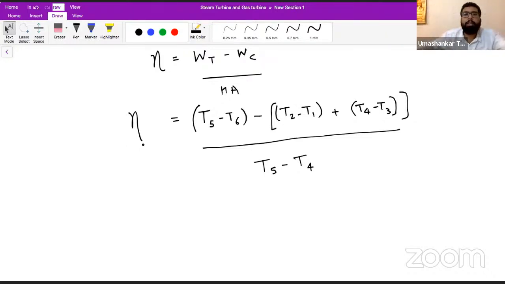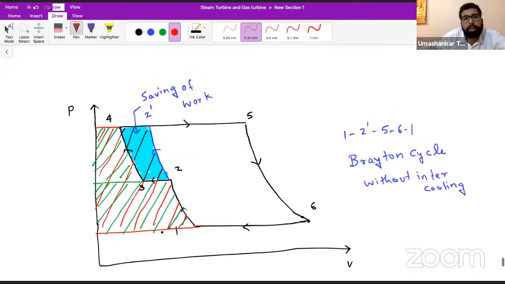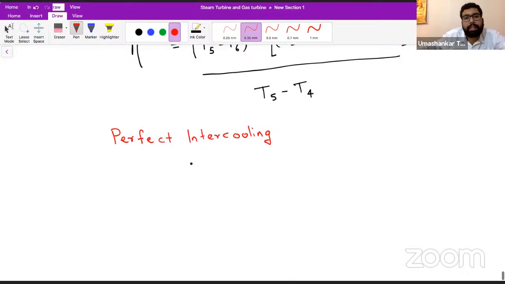And if somebody uses the word perfect intercooling, as there was perfect regeneration, there can also be perfect intercooling. So in perfect intercooling, what changes will happen? T1 and T3 are going to become equal.